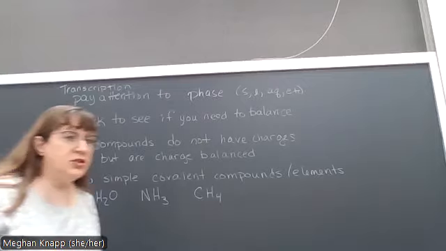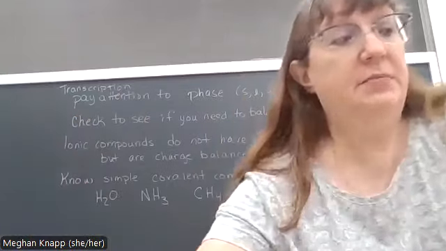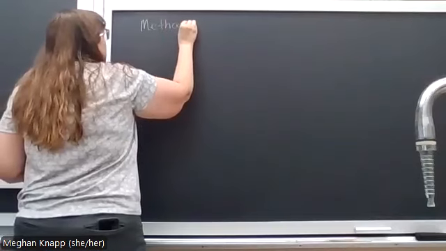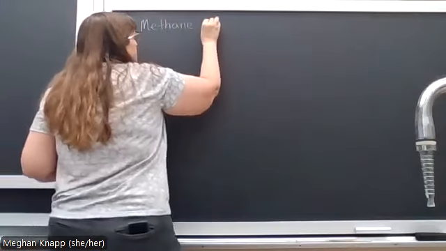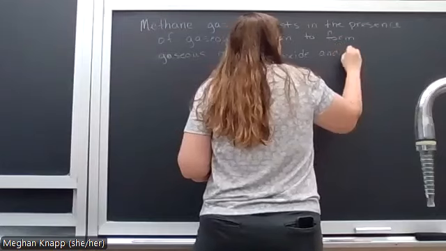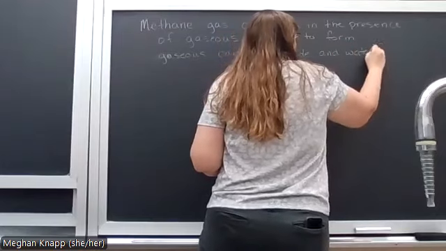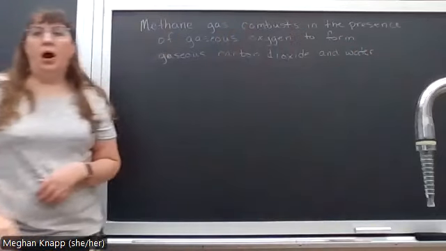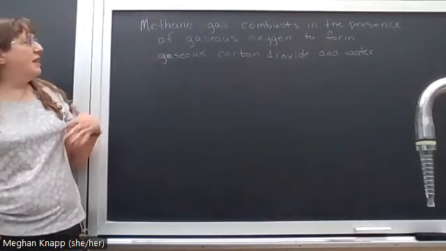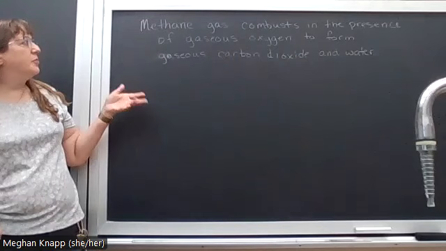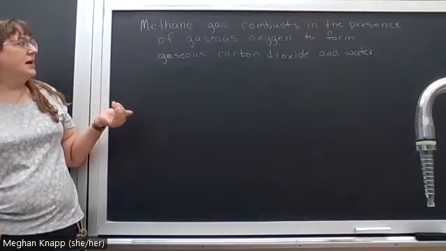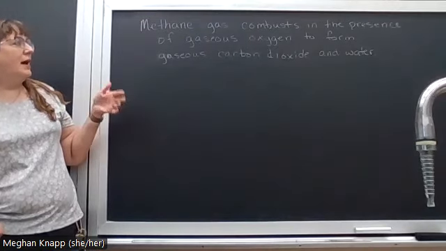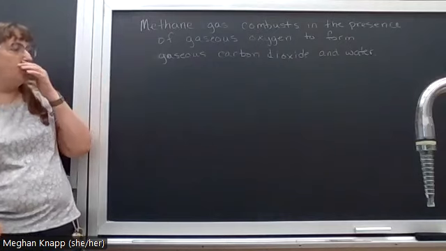All right, so let's try a couple of examples. Okay, so I might describe a reaction as methane gas combusts in the presence of gaseous oxygen to form gaseous carbon dioxide and water.